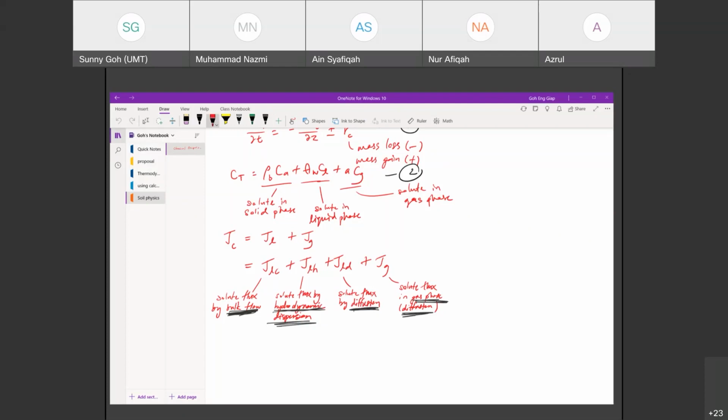what it means. Okay, so J_G, the gas phase diffusion, is given by D_G, as dC_G over dz. Is that okay? And then we also have J_LC, J_LH, J_LD. J_LC is given by J_W C_L. J_LH is negative D_LH dC_L over dz.